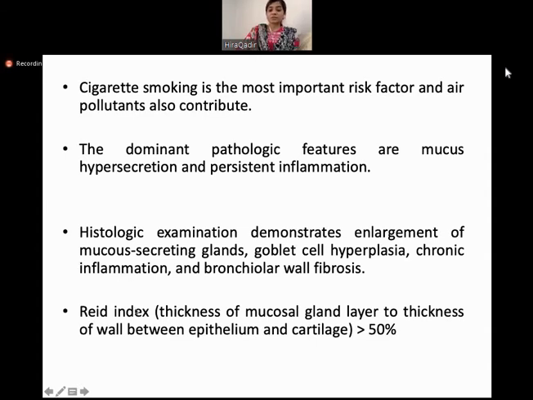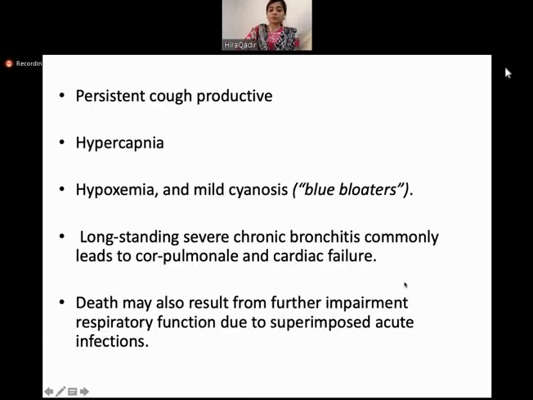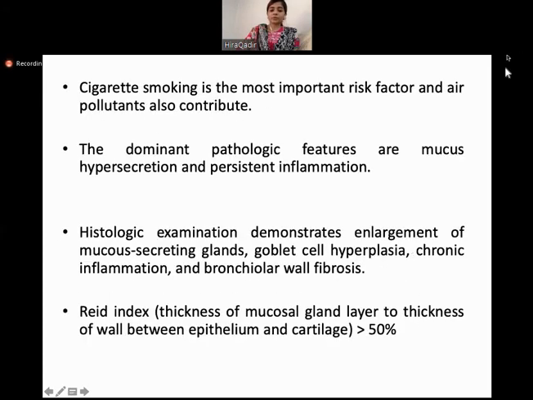And what is the Reid index? This is the thickness of the mucus gland layer to the thickness of the wall between the epithelium and the cartilage.